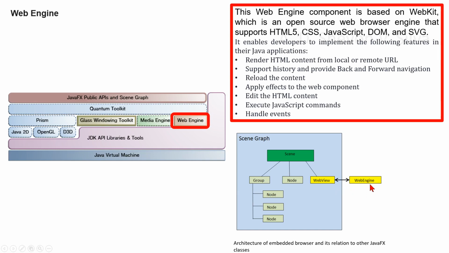Here the WebEngine is a non-visual object capable of managing one web page at a time and provides basic web page functionality through its API. It supports user interaction such as navigation, links, and submitting HTML forms, although it does not interact with users directly.